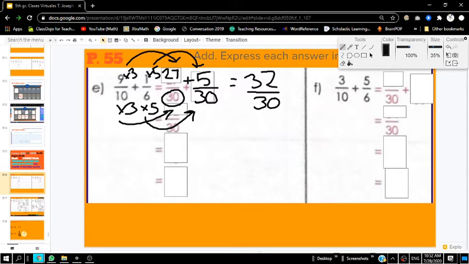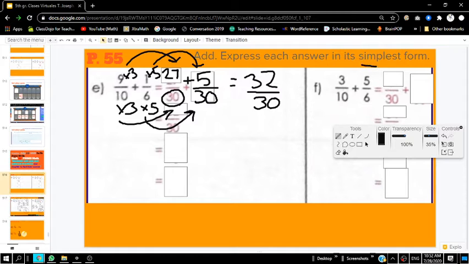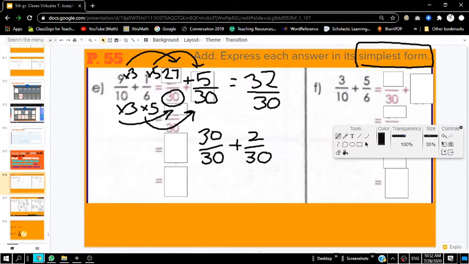This is not a simple fraction, and the directions say that we need to simplify the fraction. So 32 over 30 equals, we don't have a lot of space in the bottom, but we could change this to 30/30 plus 2/30. Now I know that any number over itself is always going to equal 1.